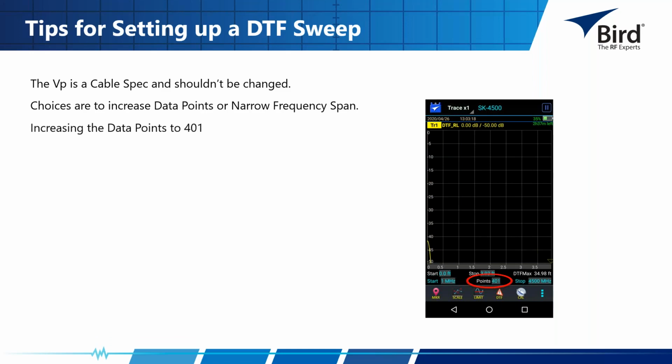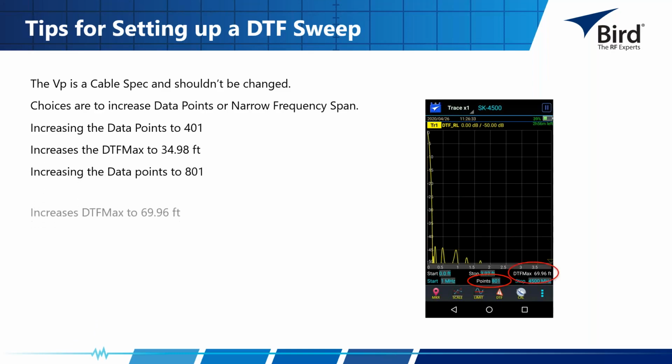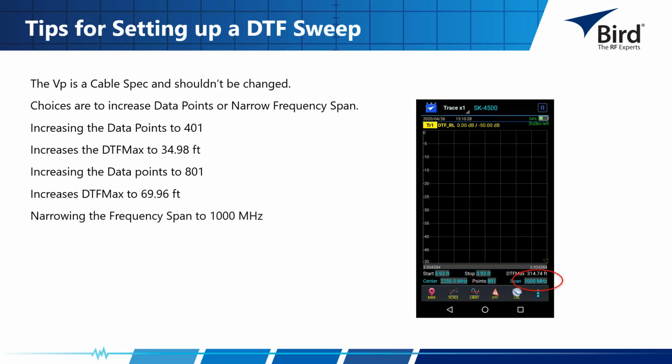So if I increase the data points to 401, notice my distance to fault has increased to 34.98 feet. If I increase again to 801, my max distance goes to 69, almost 70 feet. Now, if I narrow my frequency span down to 1,000 megahertz, now I've increased my distance to 314 feet.